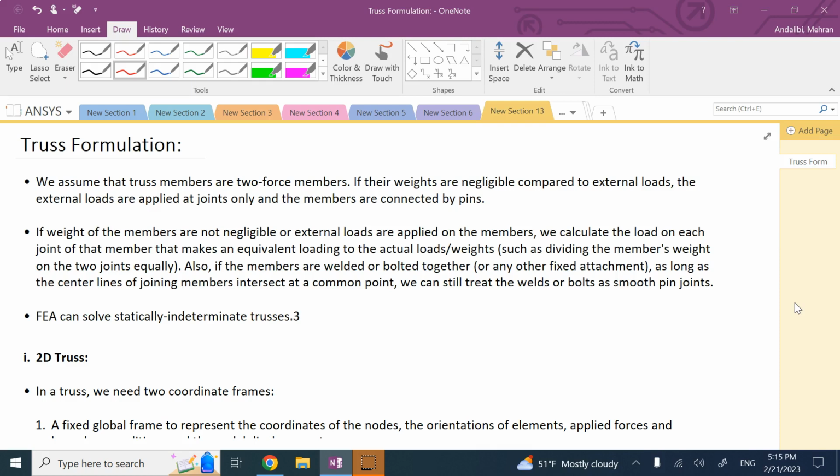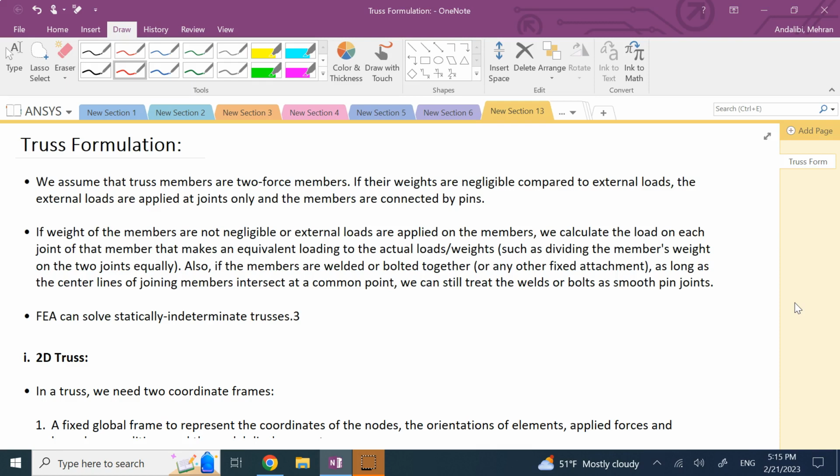And when you learn truss in statics, you learn that to simplify the calculations for a truss, we use the two-force member assumption, which means the forces in the members are along the members, or along basically the line that is connecting the two endpoints. And this is valid when the weights of the members are negligible compared to external loads.